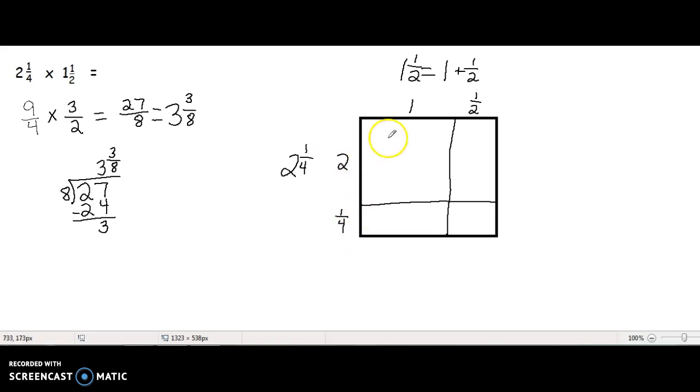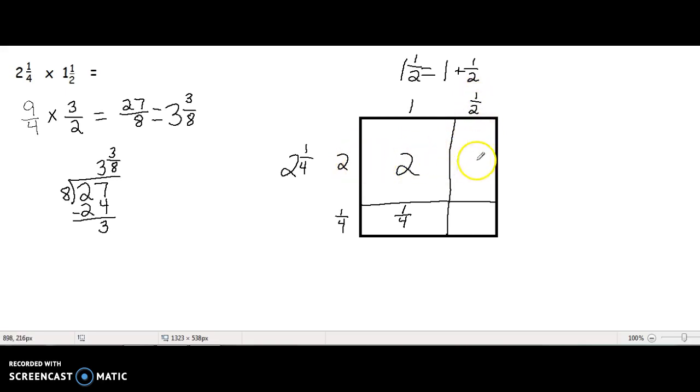Okay? So now we're going to take this area model and multiply the sides of each rectangle. So 1 times 2, we know, goes in the middle, 2, right there. 1 times 1/4. Now I need to realize that 1 times any number is going to be that same number. So that's pretty easy for that one. But 2 times 1/2, the answer goes here.